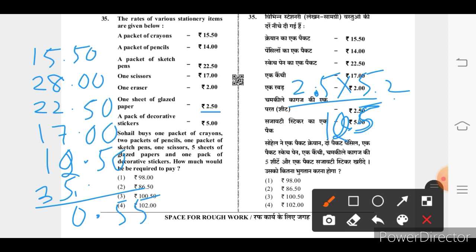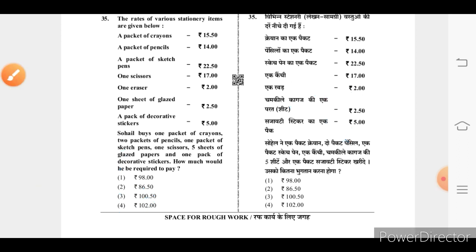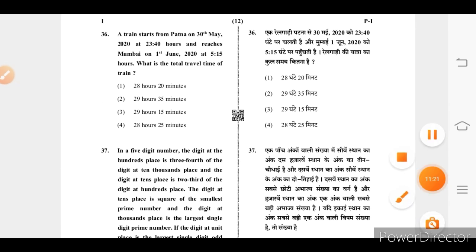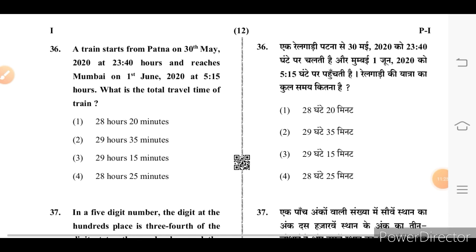Here the point, and 3 plus 1, 4, 4 plus 1, 5. So 100.50 is the correct answer. 100.50 rupees.